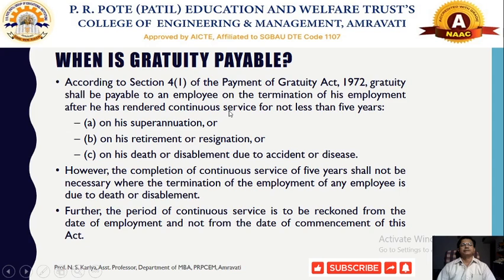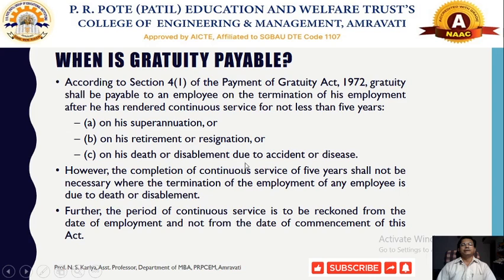the employer. Now when we are talking about the completion of that continuous service, which should not be less than 5 years, there are some necessary conditions. It is necessary here that the termination of the employment by an employee is due to death or disablement, which may have occurred due to accident or disease.